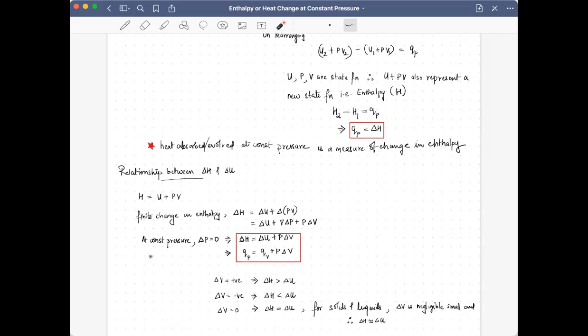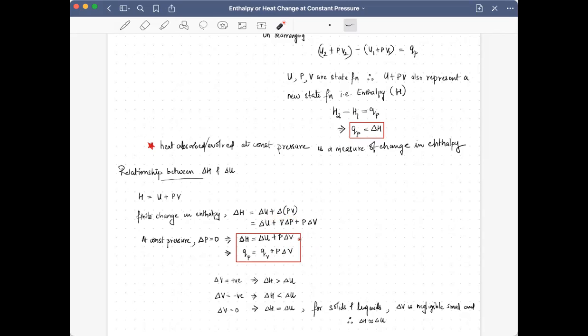Now, if we consider a case of constant pressure, that means there is no change in pressure value, so delta P should be equal to 0. In that case, this expression will reduce to delta H equals delta U plus P delta V, because the V delta P term will vanish.